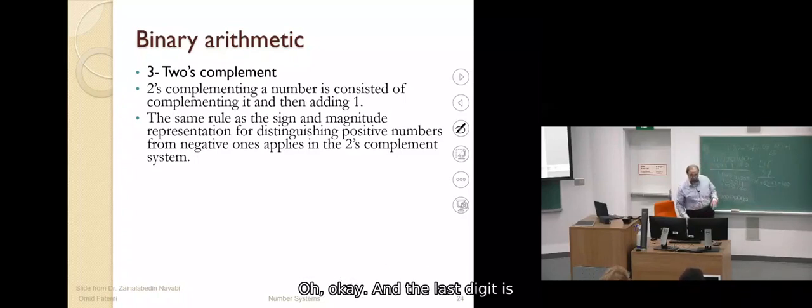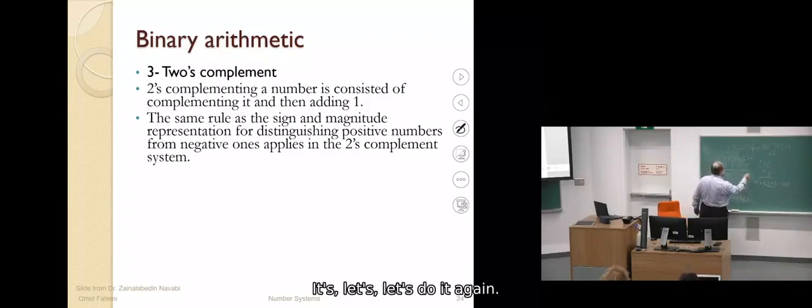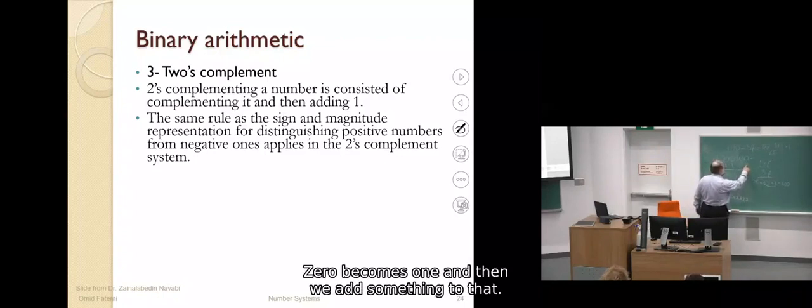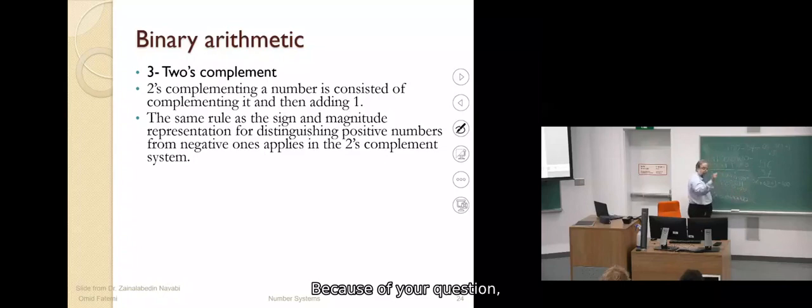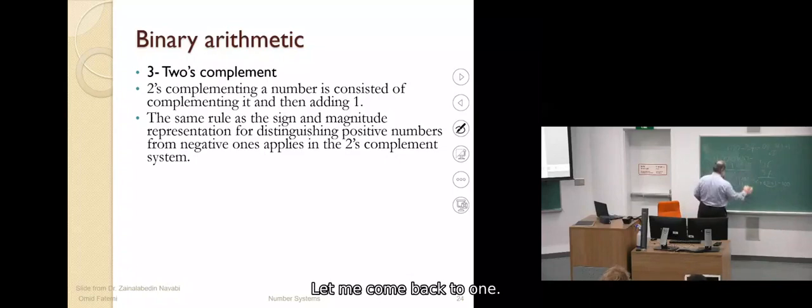Oh, okay. And the last digit is 0. Why did it? 0 plus, we tried something, let's do it again. 0 becomes 1, and then we add something to that. Because of your question, I did something else. Let me erase this, and let me come back to 1.